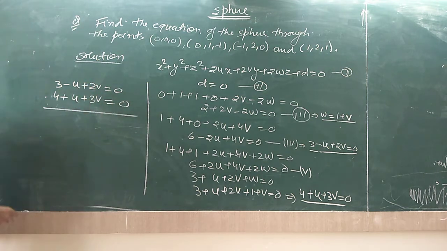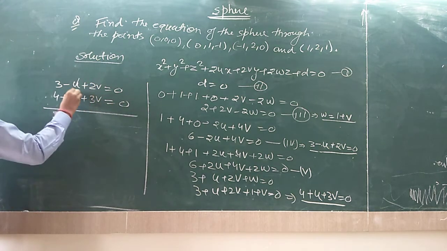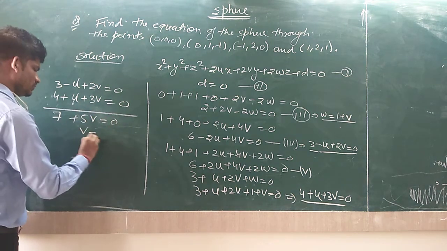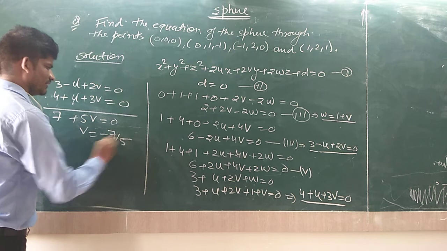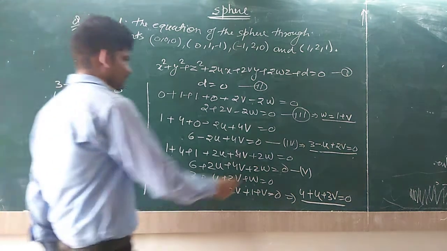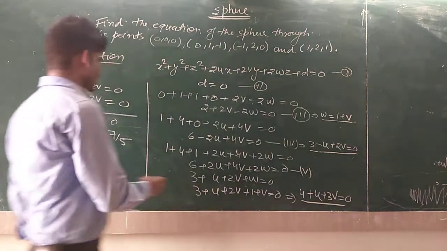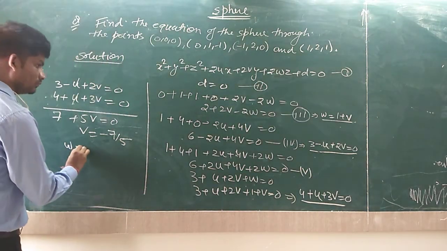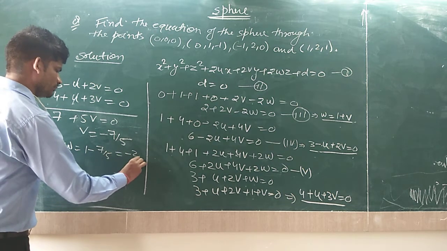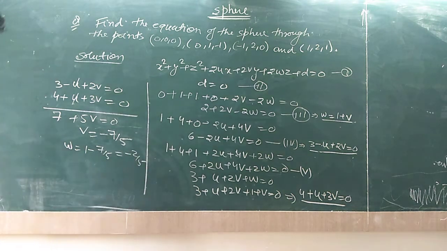Adding both equations, the u cancels out, and we get 7 plus 5v equal to 0, so v equal to minus 7 upon 5. Putting this in the equation, we get w equal to 1 minus 7 upon 5, which is minus 2 upon 5.